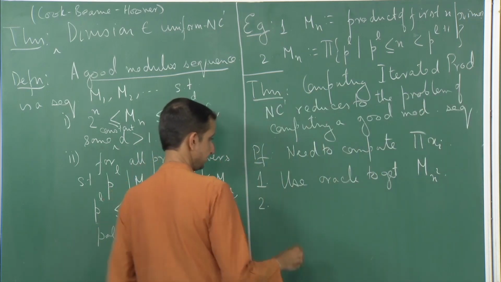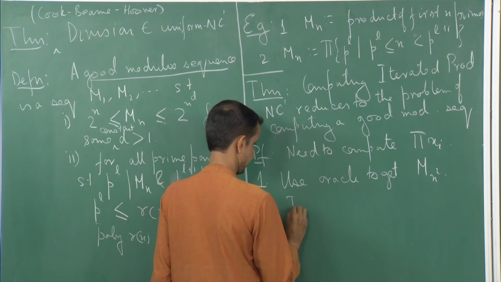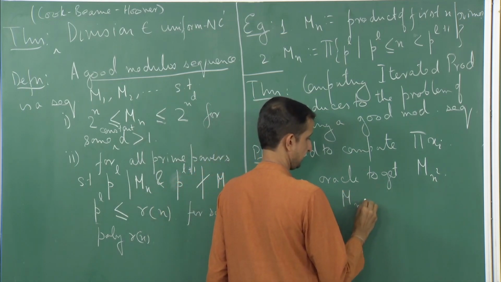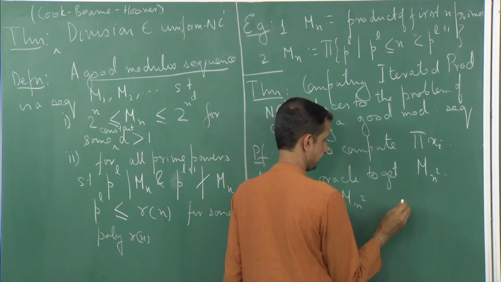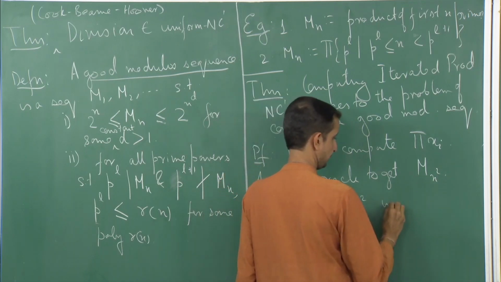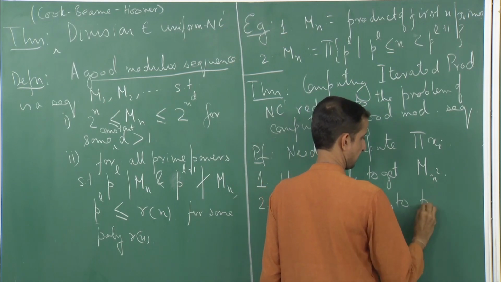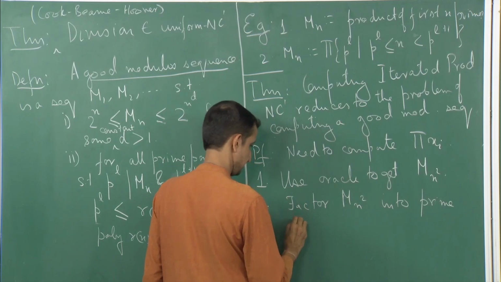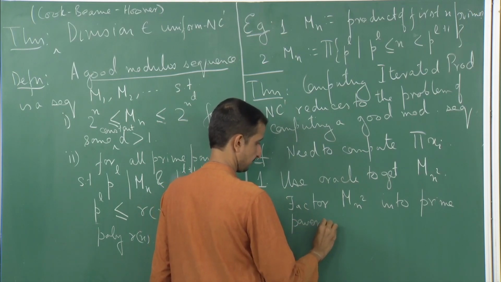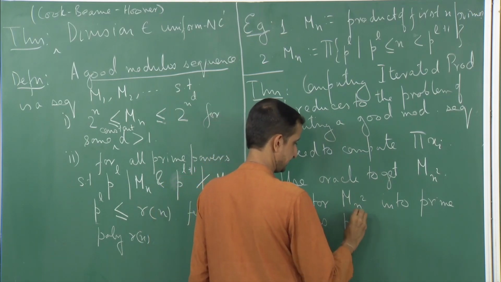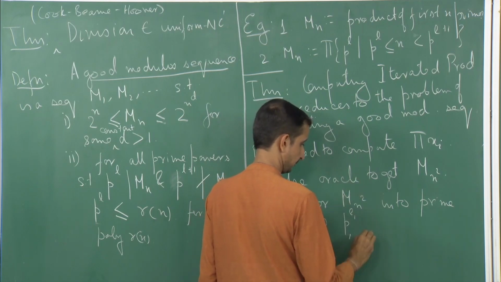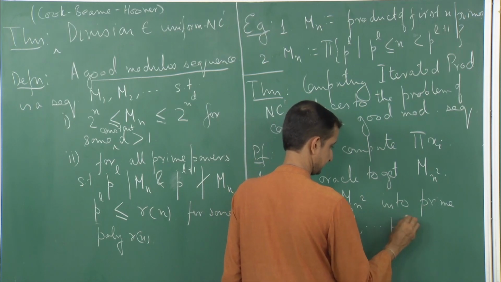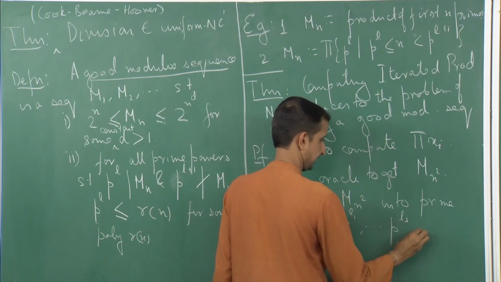Next, what we will do is we will factor m n square into prime powers, let us say P1 to the power L1 and so on up to Ps to the power Ls.